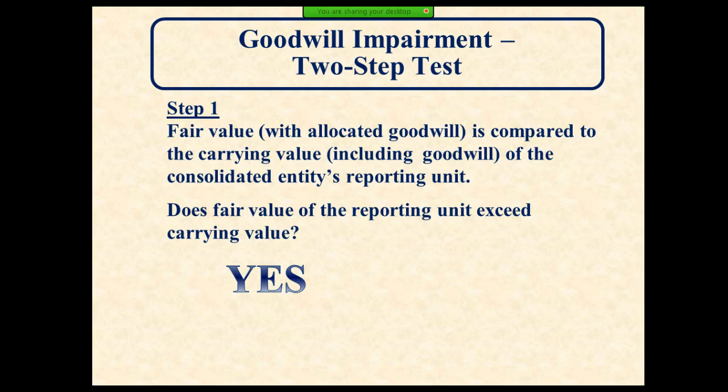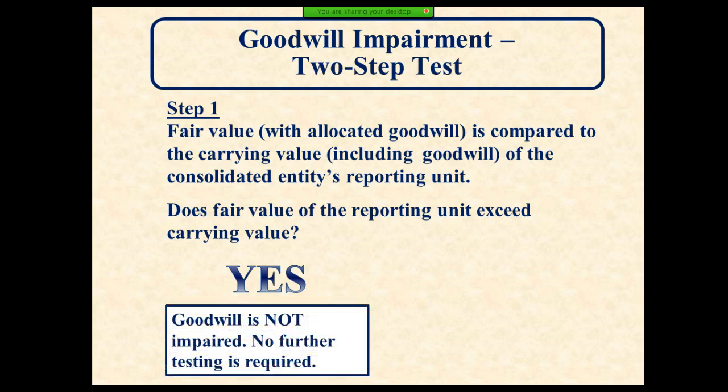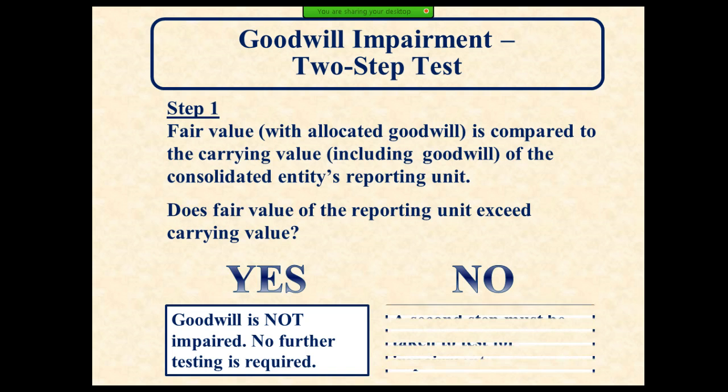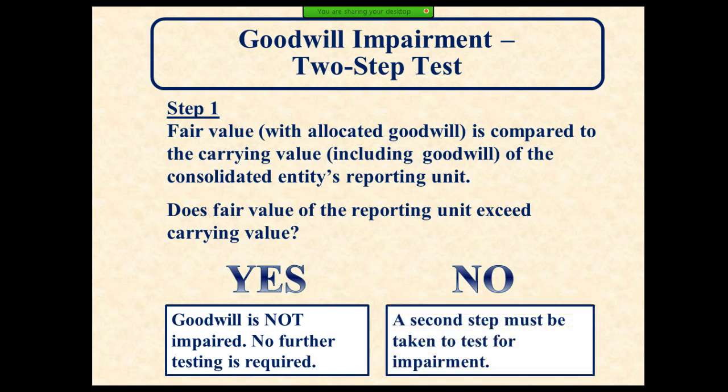If that is yes, the fair value exceeds the reporting value, well, we don't have to do anything with goodwill, we're fine. However, if that fair value doesn't exceed the carrying value, then we need to go to step 2.